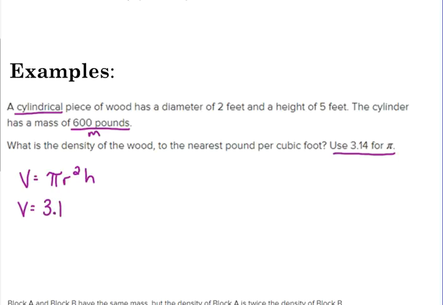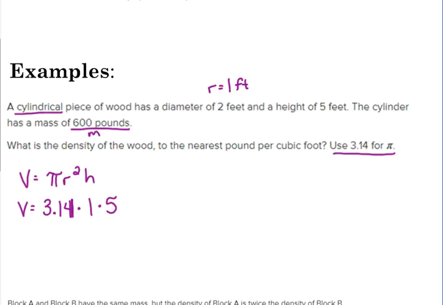So they say use 3.14 for pi. They don't give us the radius. They give us the diameter. So what's the radius? It's half the diameter. If the diameter is 2 feet, then the radius is 1 foot. And the height is 5 feet.